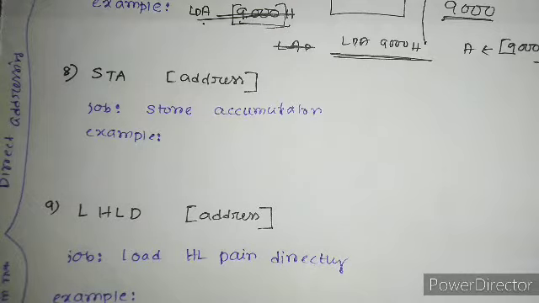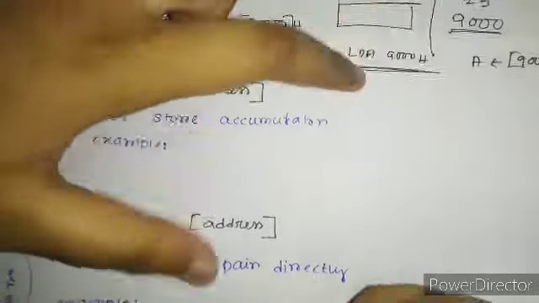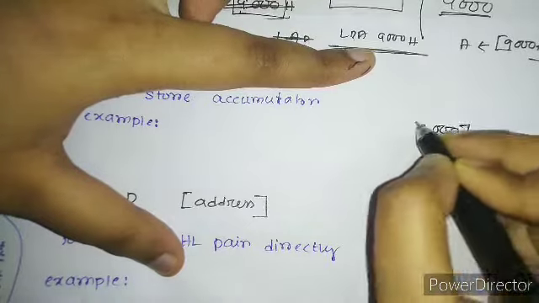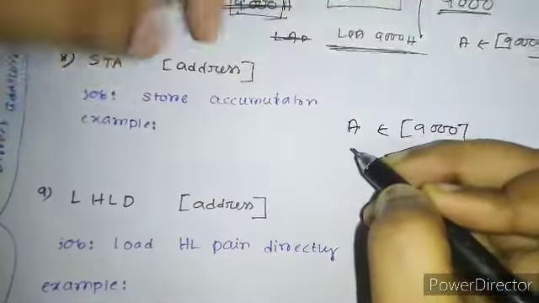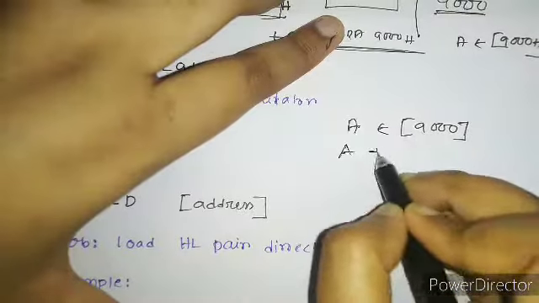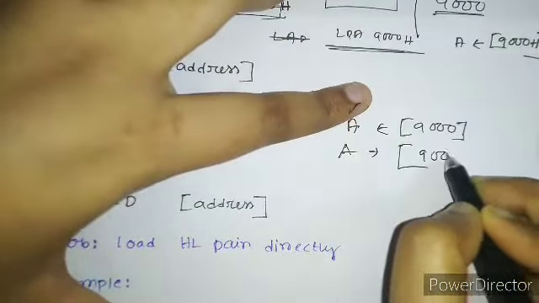The next instruction is just the opposite of LDA, that is STA, which means store the accumulator. In LDA we were loading the data in A. Here we will store the data from A to a particular memory location.